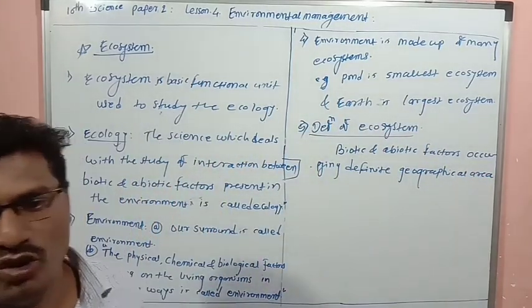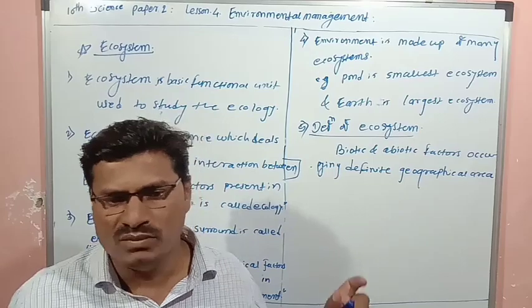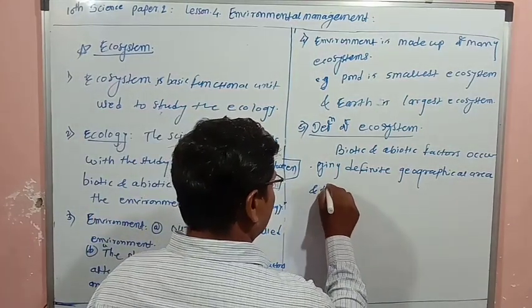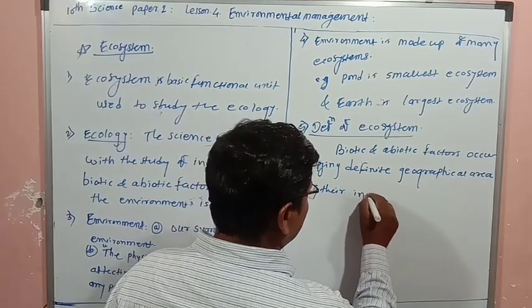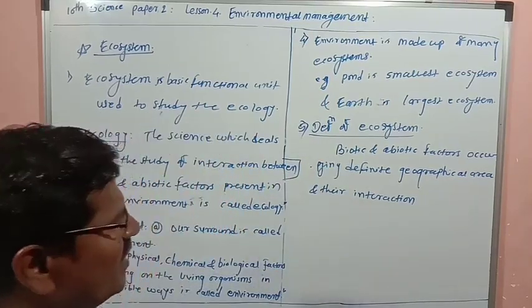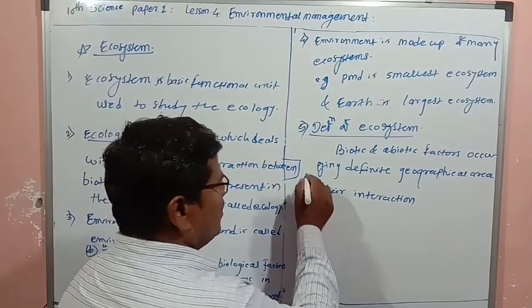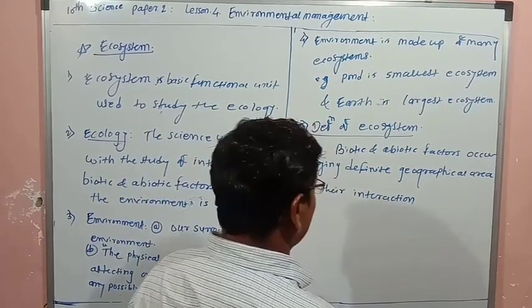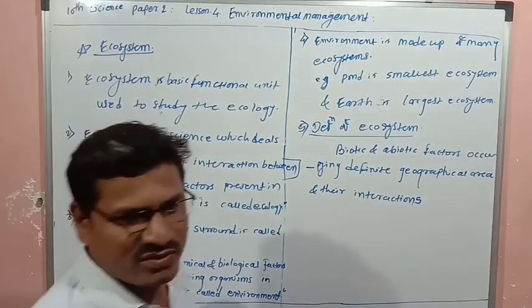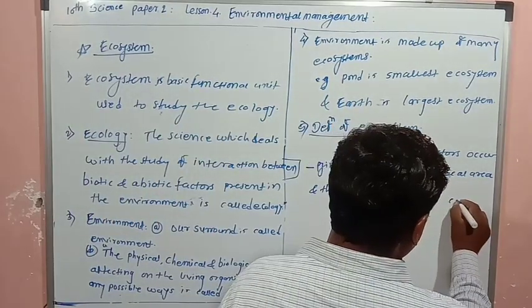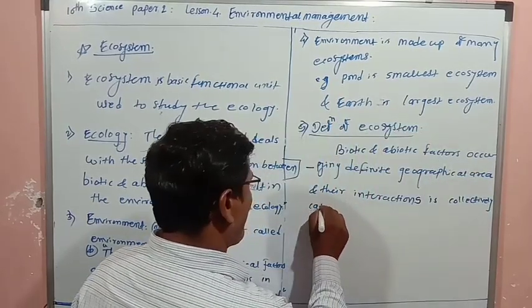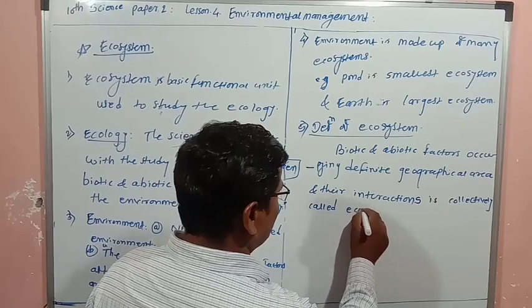Biotic and abiotic factors occupying a definite geographical area and their interactions is collectively called an ecosystem.